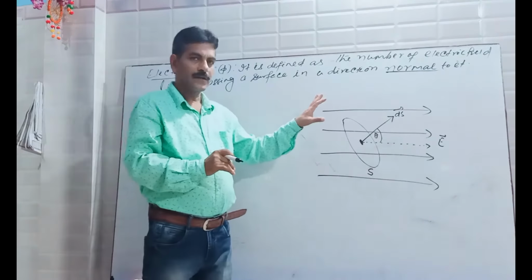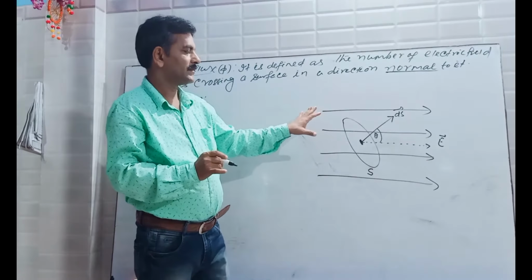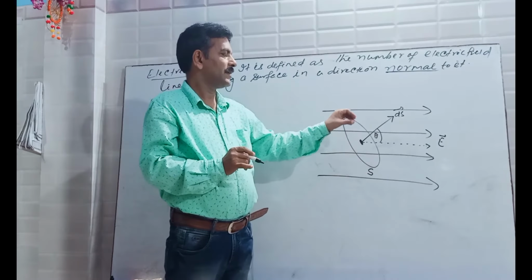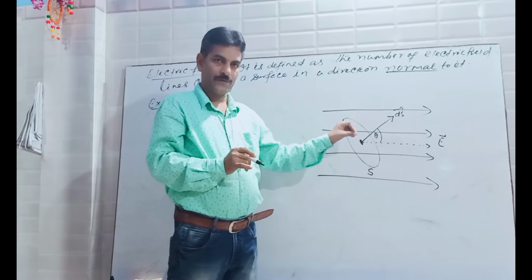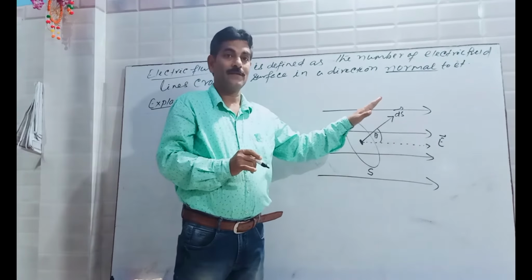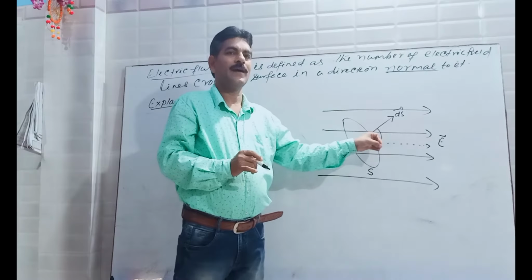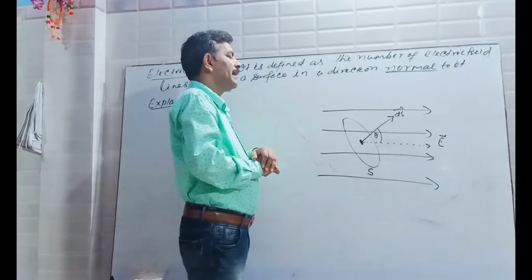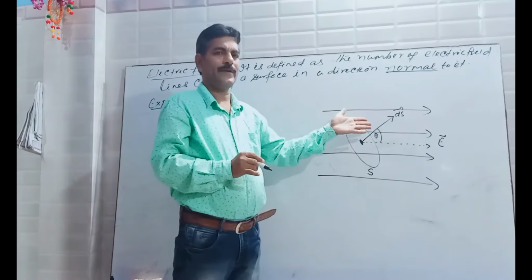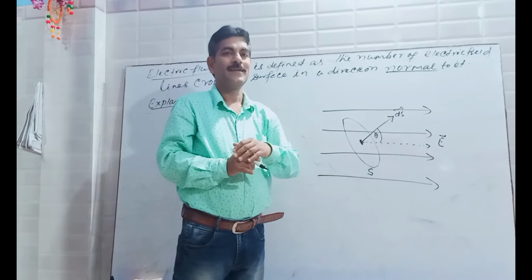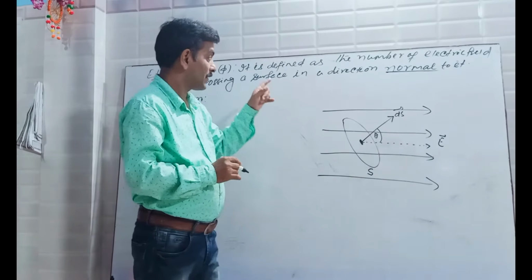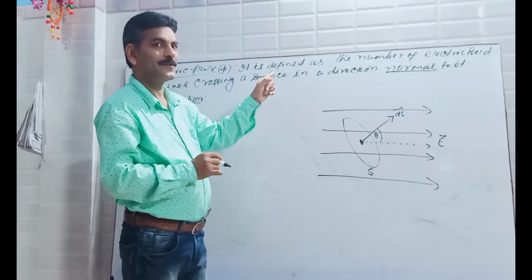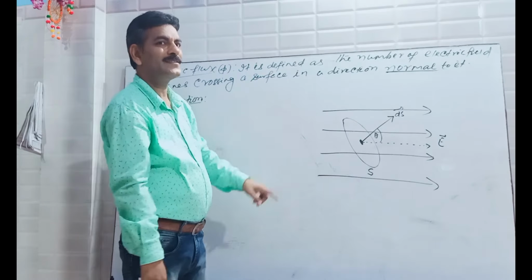That means consider a surface S placed in a uniform electric field in such a way that its area vector makes an angle theta with the electric field. The area vector, or normal to the surface, makes an angle theta with the electric field, because in our definition, the number of electric field lines crossing a surface normal to it is given.